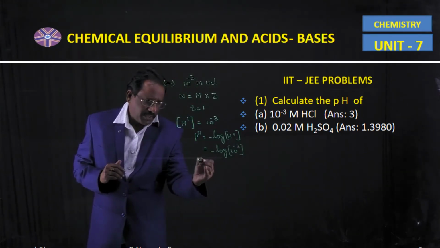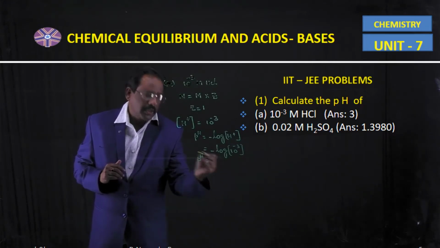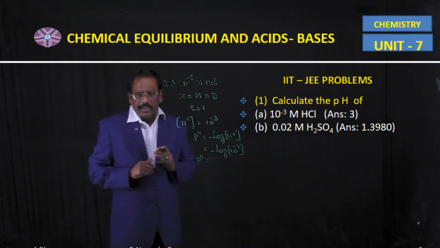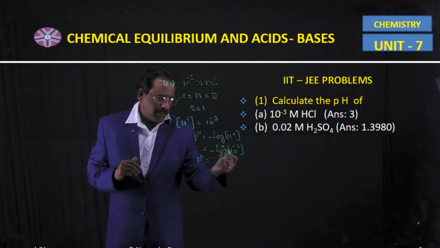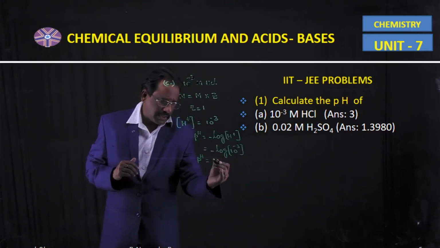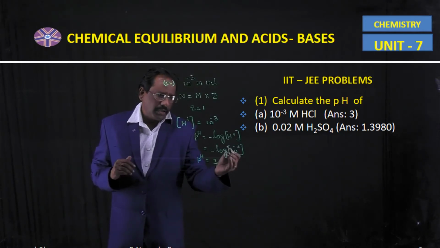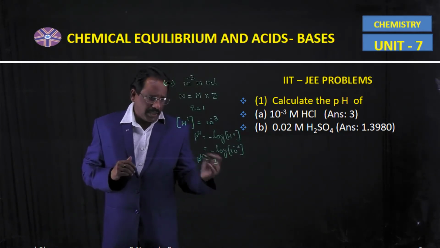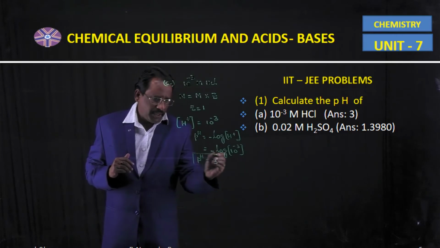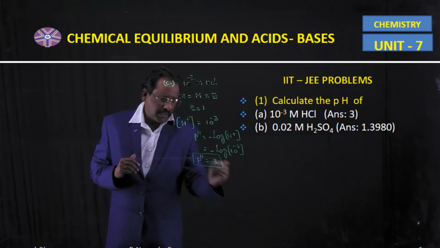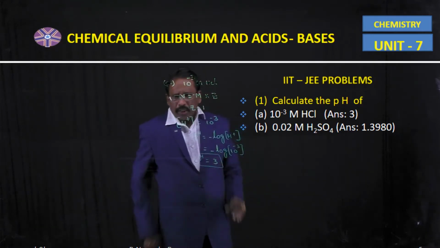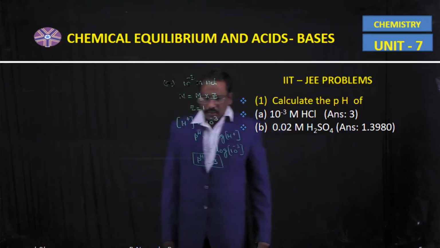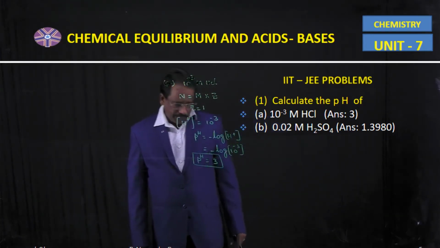Therefore, pH of the 10 power minus 3 molar HCl solution is equal to minus 3 into minus 1, that is 3. Log 10 to the base 10 is 1. Therefore, pH of the 10 power minus 3 molar HCl solution is equal to 3.